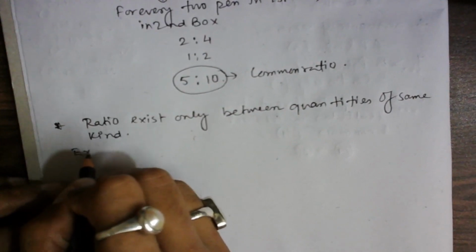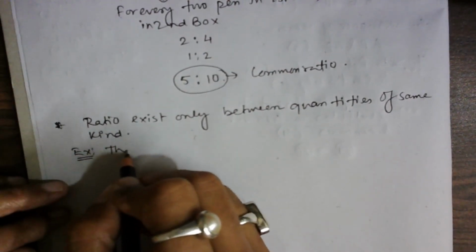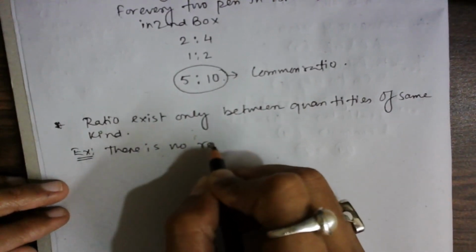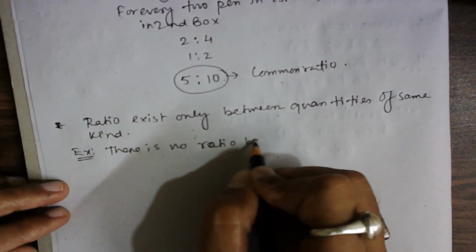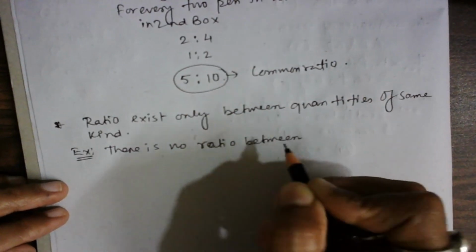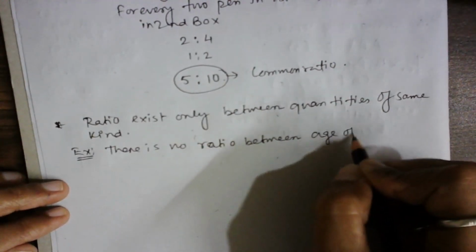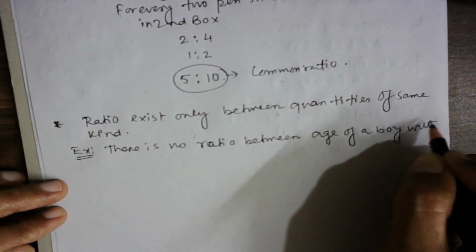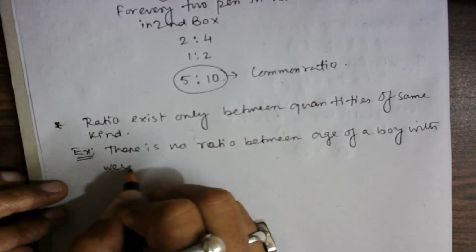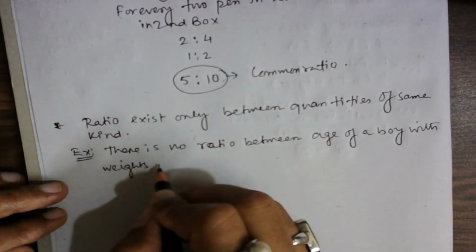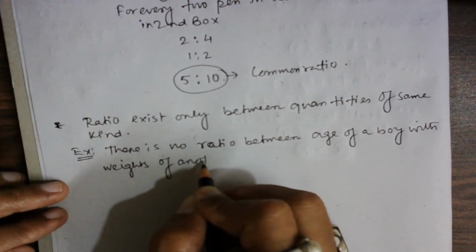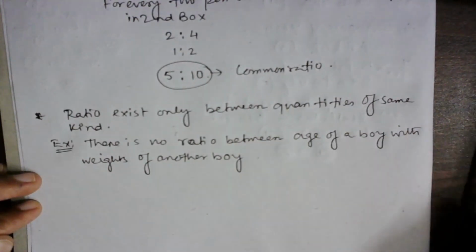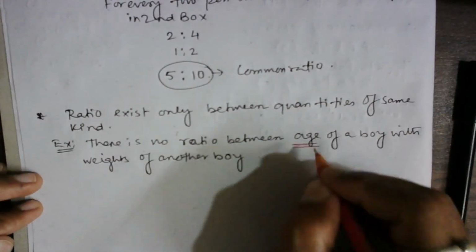Example: there is no relation, no ratio, between the age of a boy and the weight of another boy, because there is no relation that can exist between age and weight.